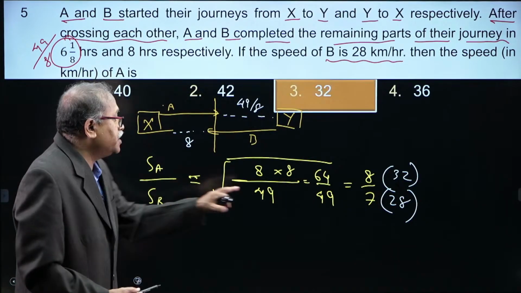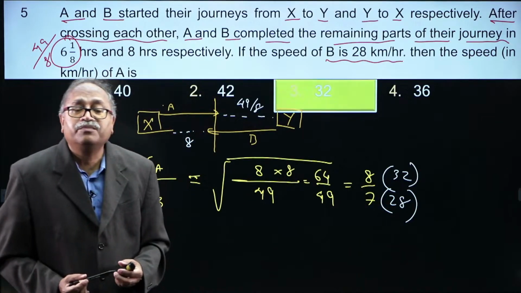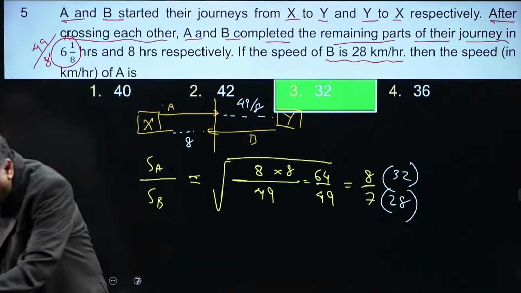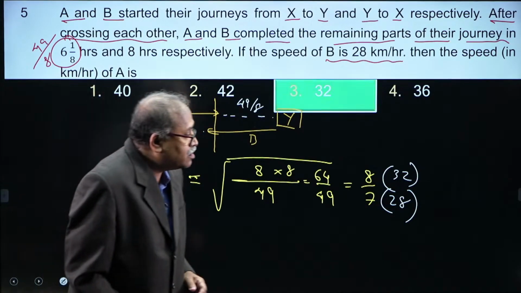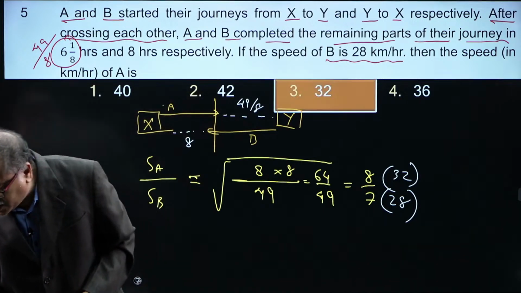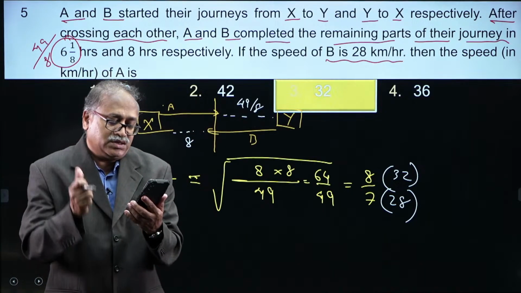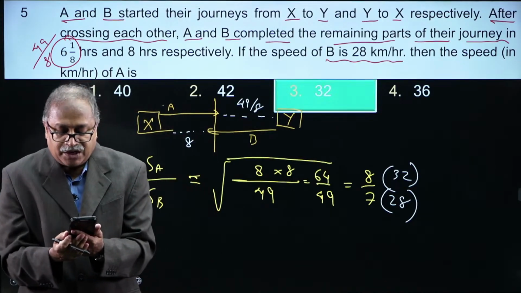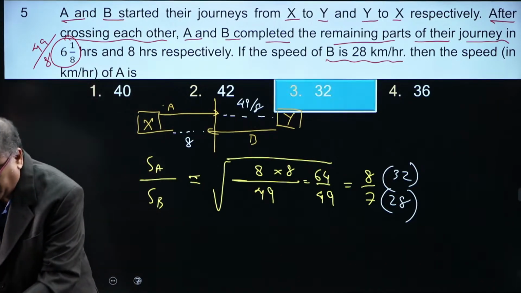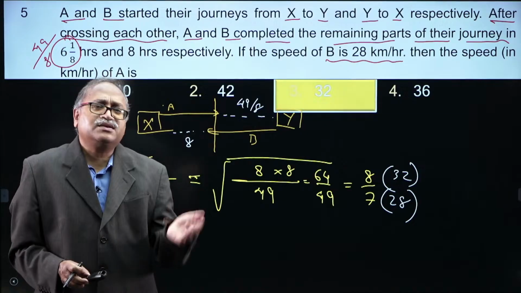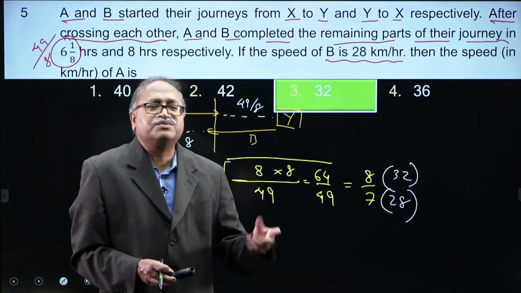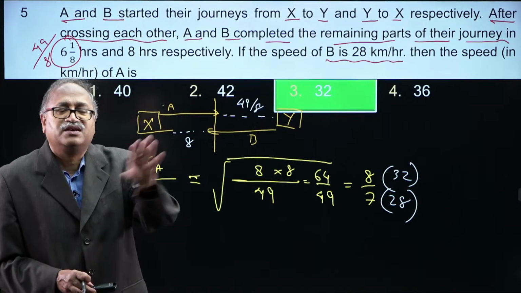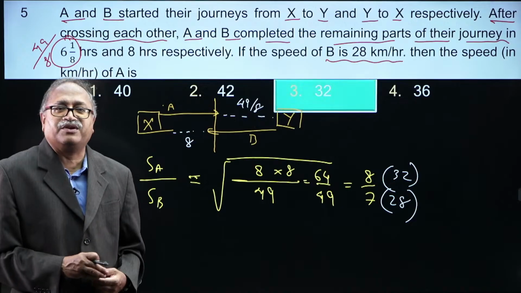So, the speed of A should be 32 kilometer per hour. Yes, yes, yes, Mr. Sheikh Abdullah and Appalnaidu. Okay, fine. Say that it is a practice. In the examination, the moment it comes, you know how to approach this. The formula is there, you will directly write and complete it.